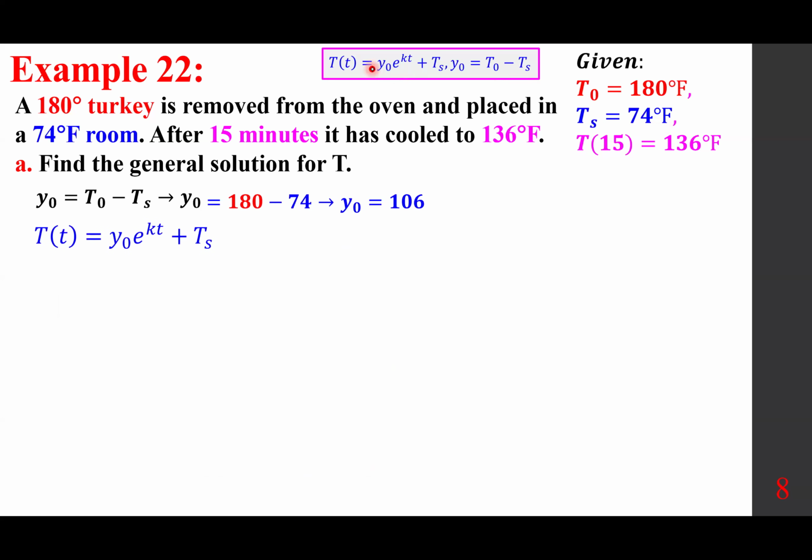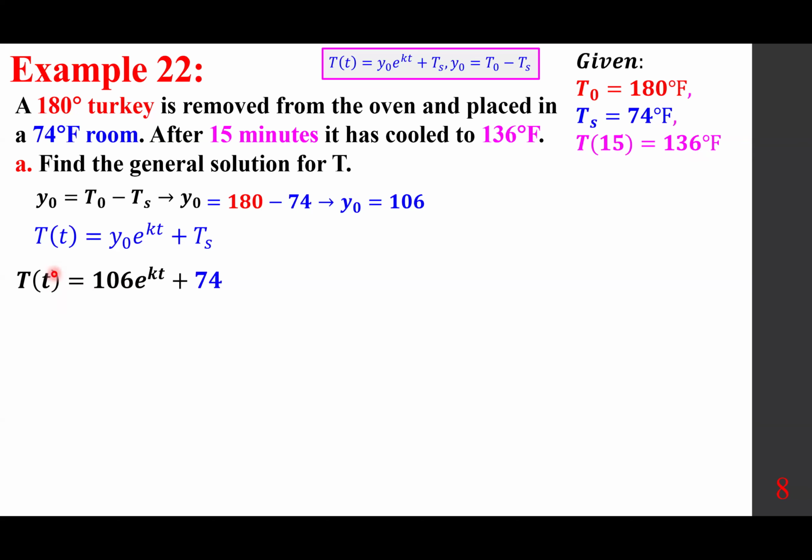We have y sub 0 as 106. We have T sub s as 74. So that's the formula. And I hope you see that if we have k, practically we have everything. So to find k, we use the fact that T of 15 is 136.